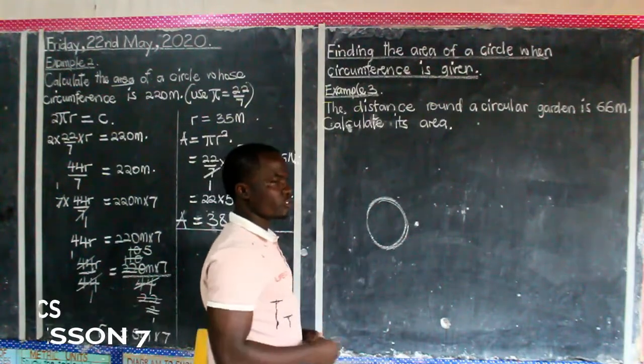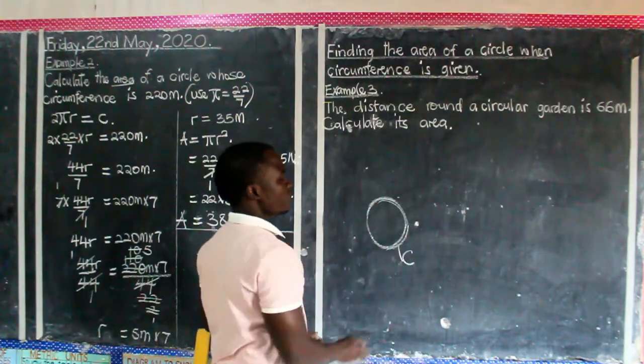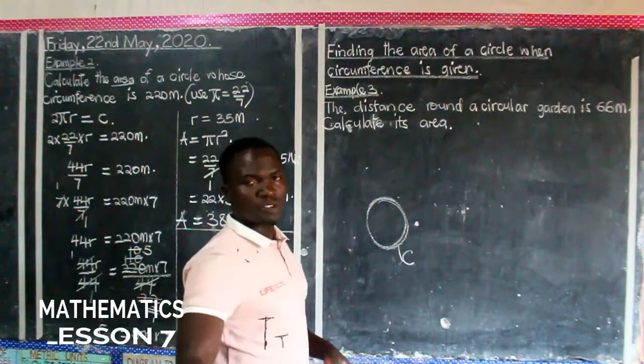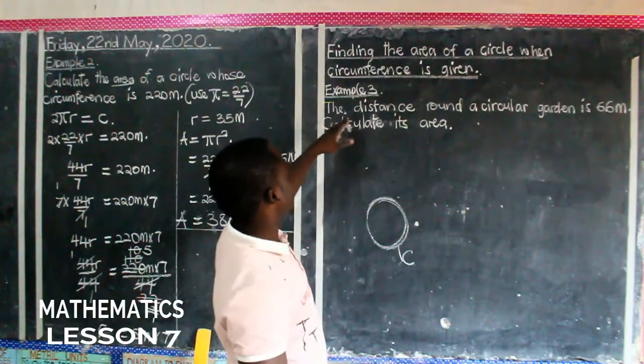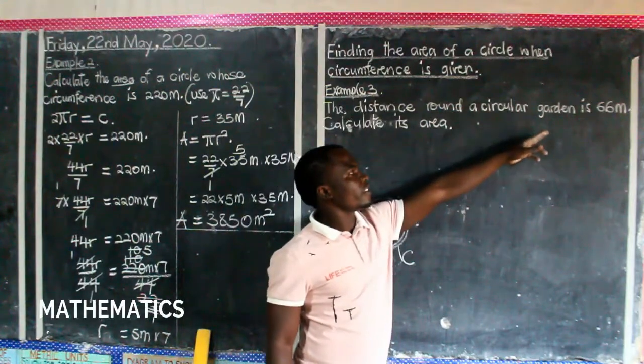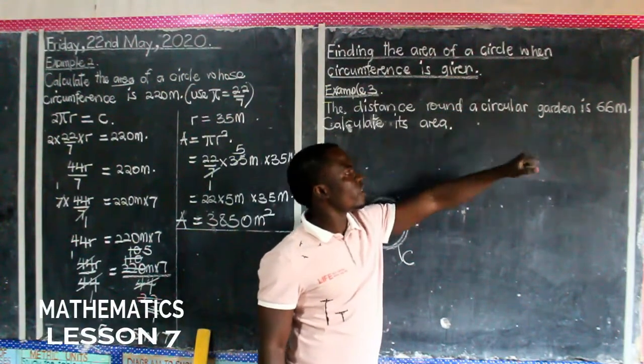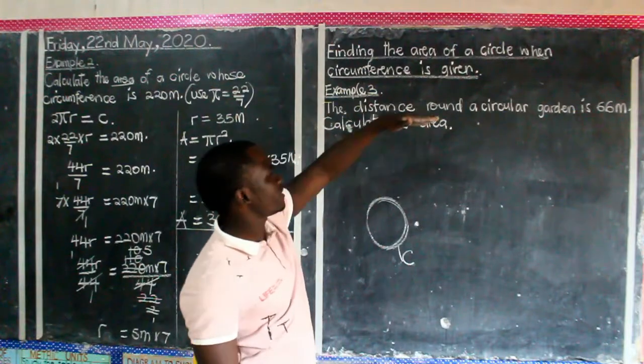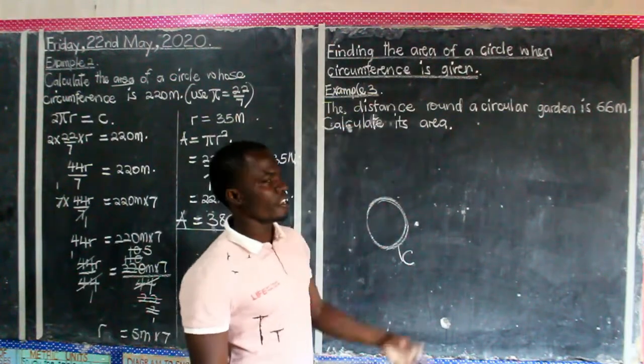The distance around the circular garden is called the circumference. So in simple terms, they are saying that the circumference of the circular garden is 66 meters. Calculate its area.